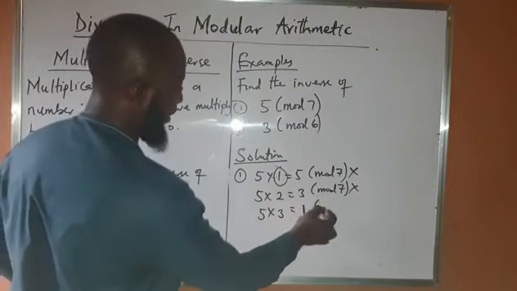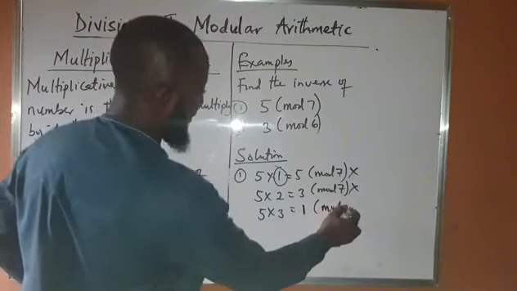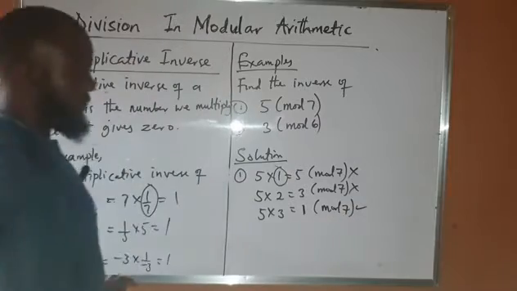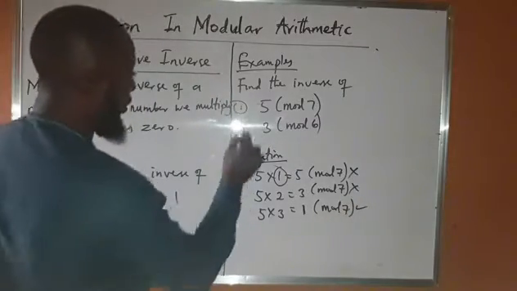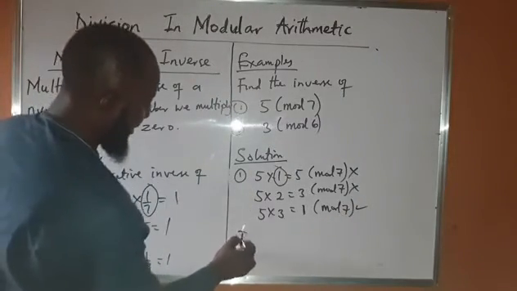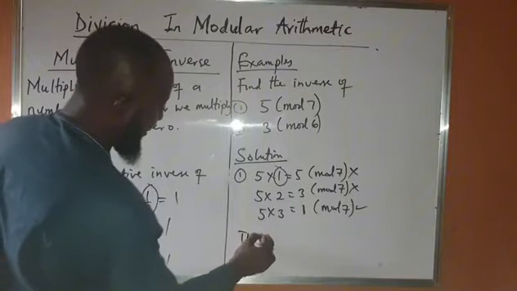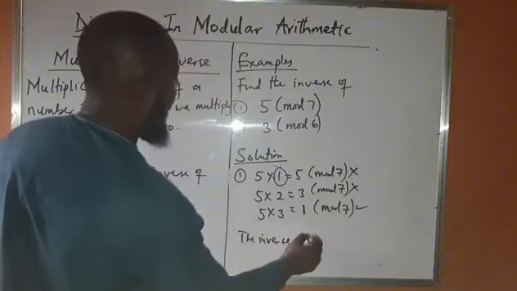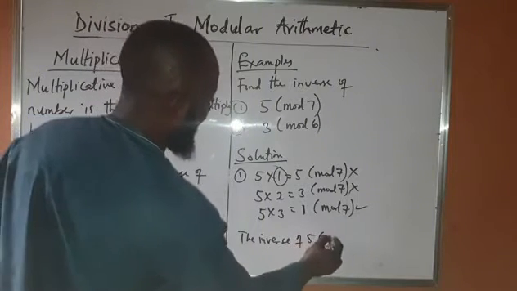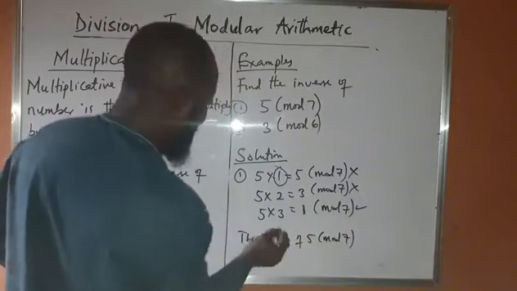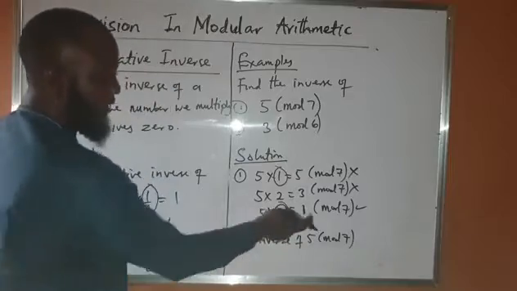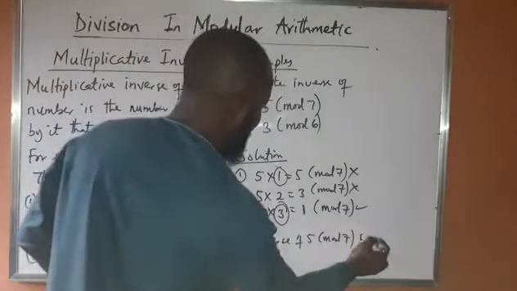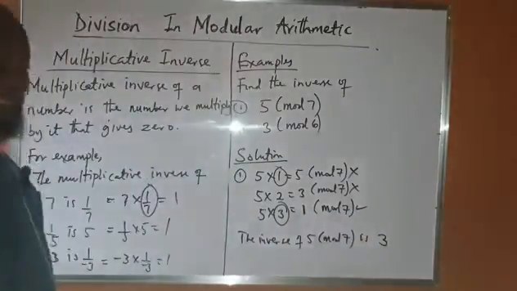So this works, which means the inverse of 5 in mod 7 is 3. I hope this is clear.